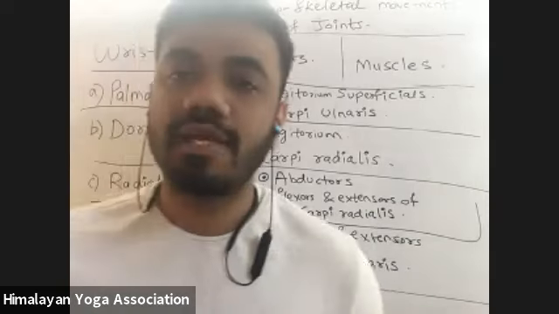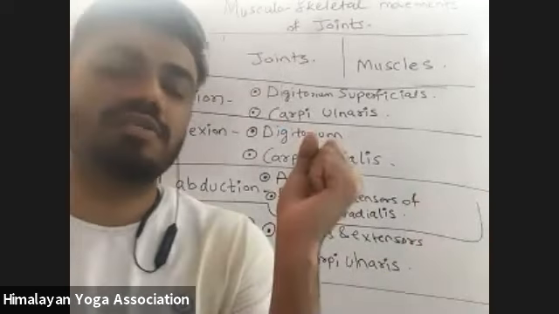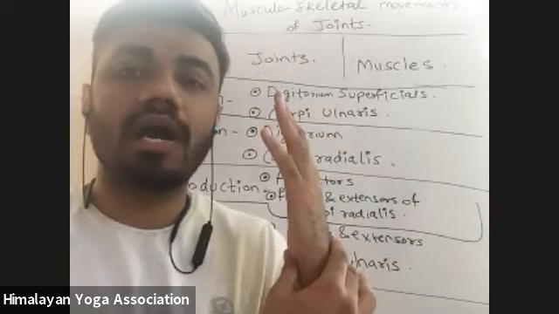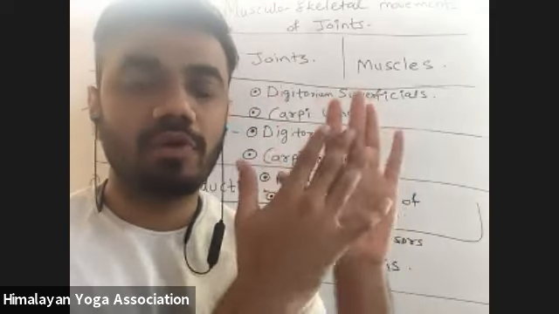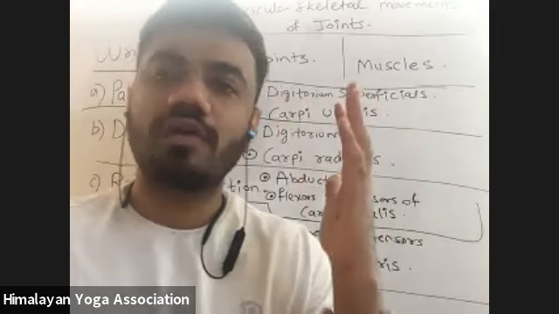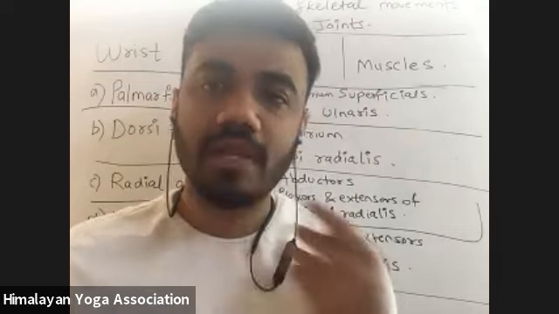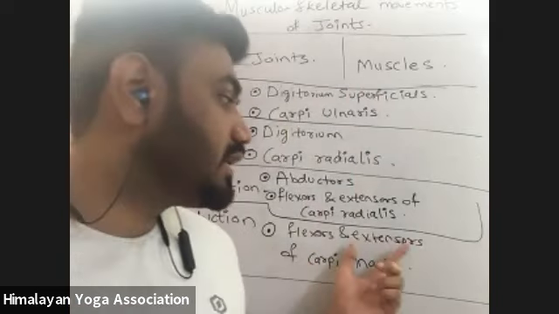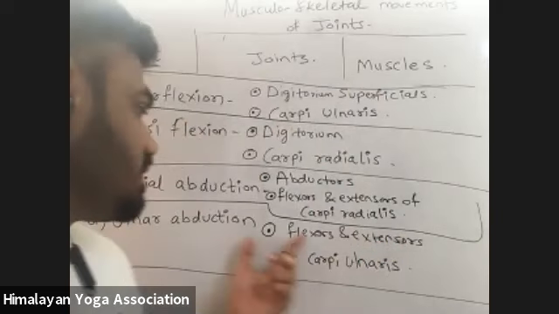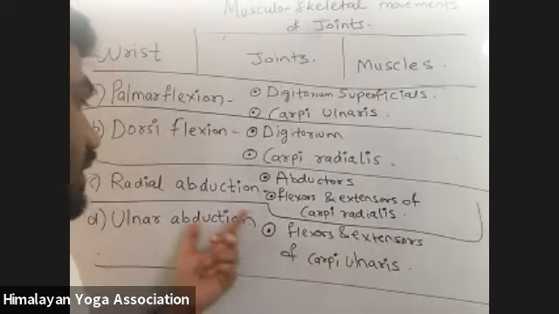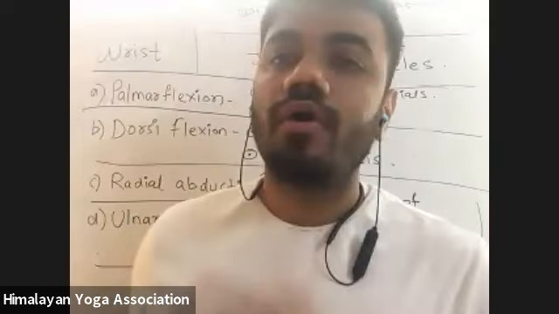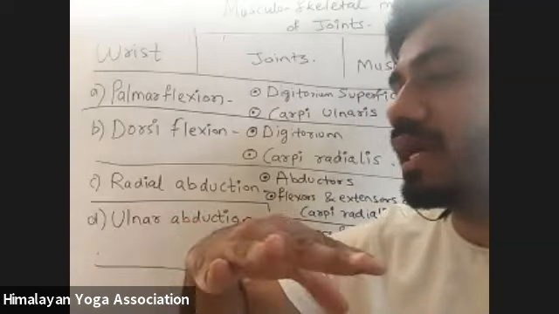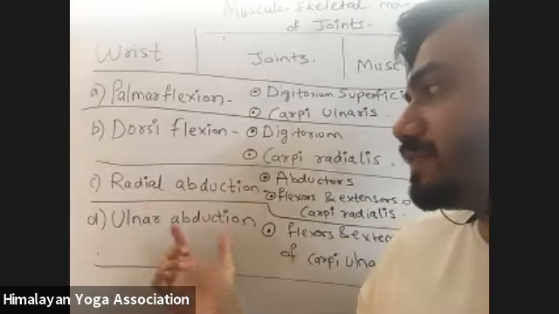So we have the flexors and extensors group of muscles here in our forearms, connected with our palms, carpals, metacarpals, with the digitorum superficialis and the fingers, connected with the help of the ligaments and the tendons. Now, these flexors and extensor group of carpi ulnaris muscles will allow us to abduct the wrist from our forearm, ulnar abduction.